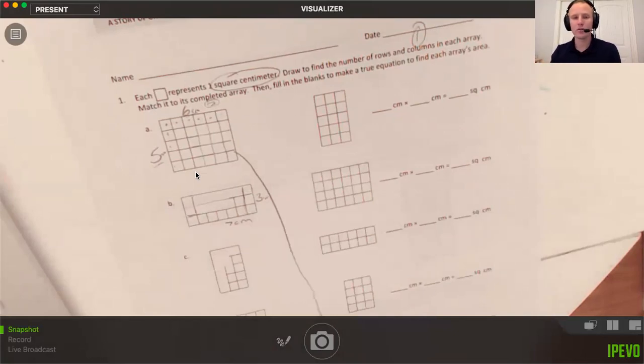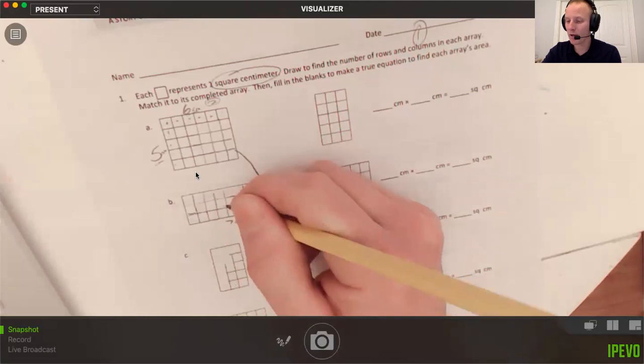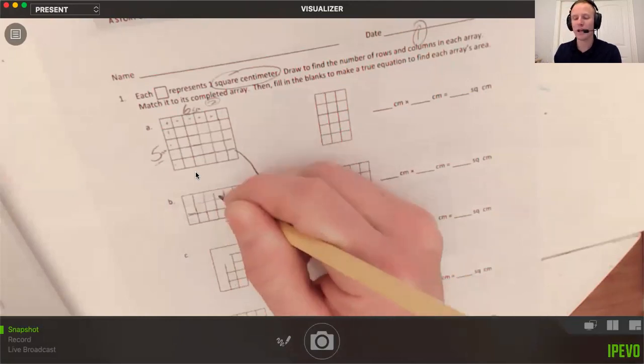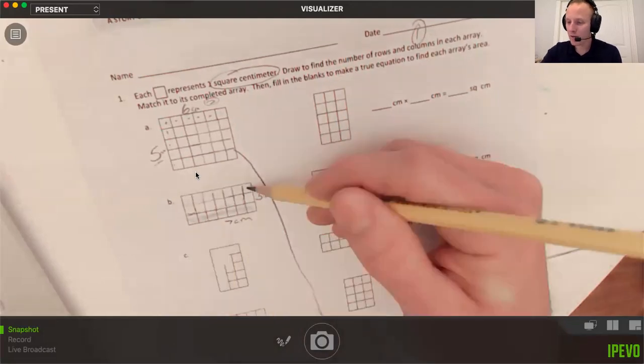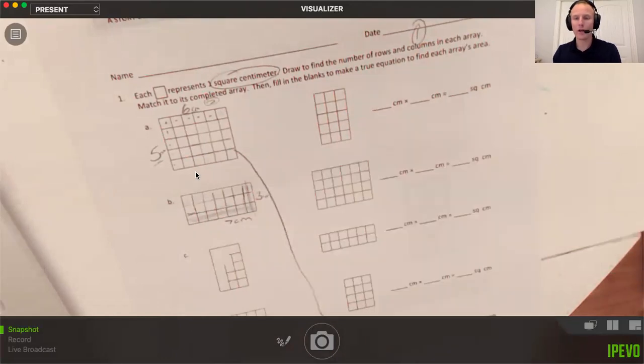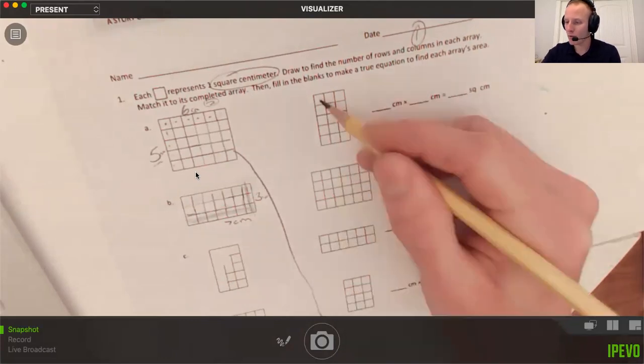If you still need to group count or count individually, then by all means, go ahead and fill this in and get a better idea for yourself of what it means to have 3 rows of 7. But if you're a kid that can see that you have that row there and this row here and that you're going to multiply them, then you don't need to fill out the rest. Once you get the measurements you need, you can go ahead and move on. Let's see, I have 1, 2, 3, 4, 5.